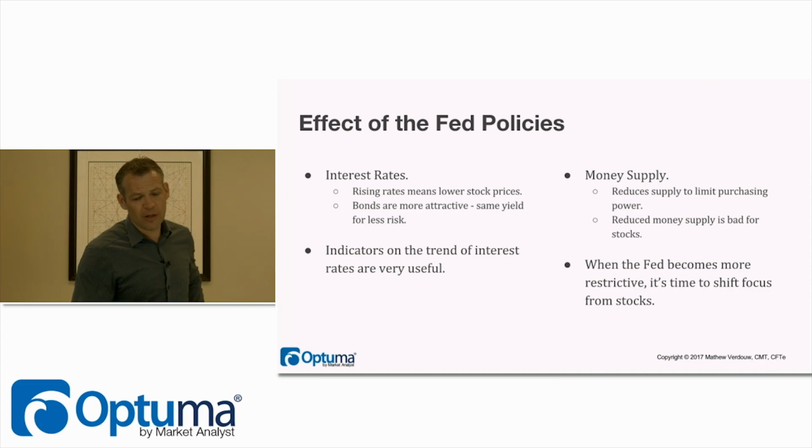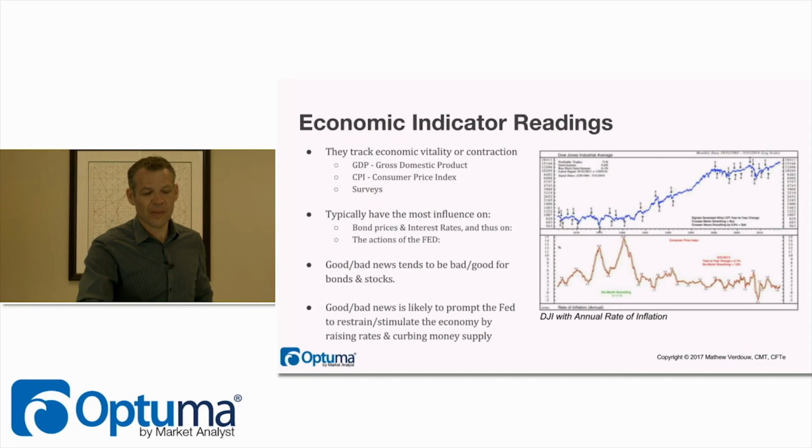Again, reduced money supply is bad for stocks. Increased money supply is obviously good. I really believe that we pulled out of the bear market from 07 to 09 purely because of the quantitative easing, and it would have had another leg down if it wasn't for that. So it definitely makes a difference.